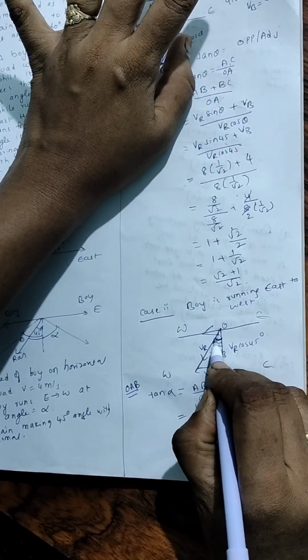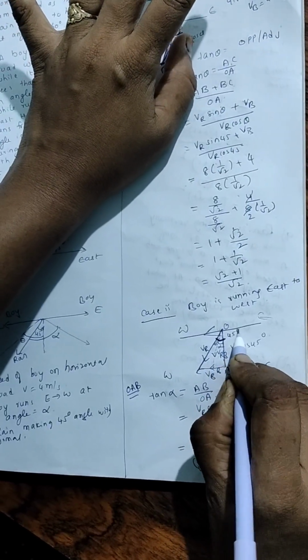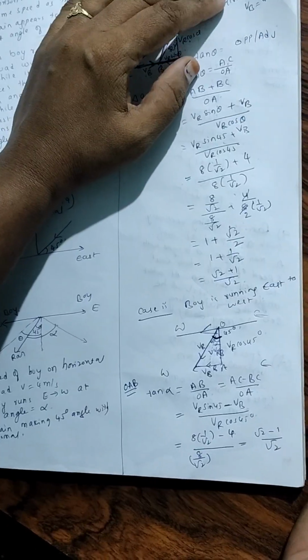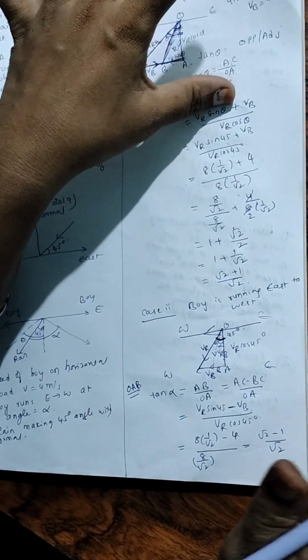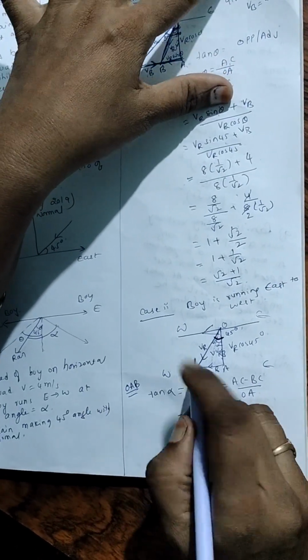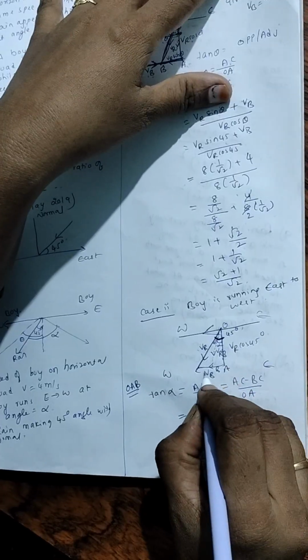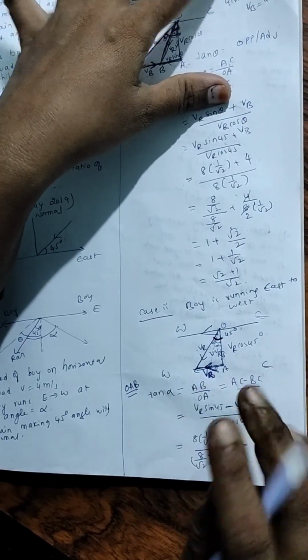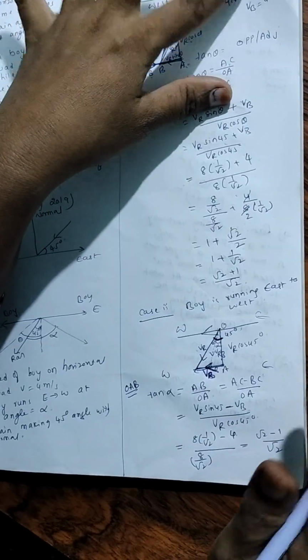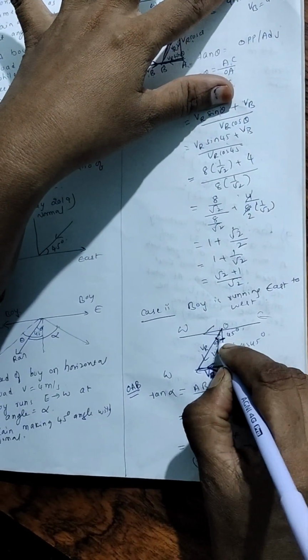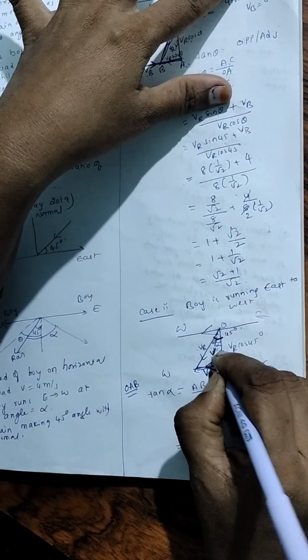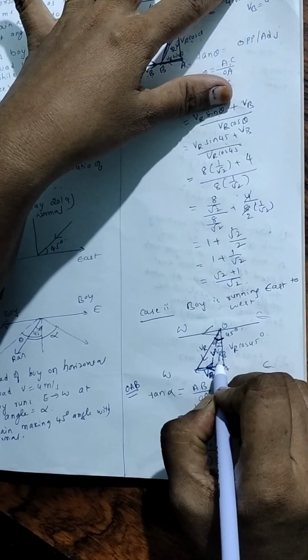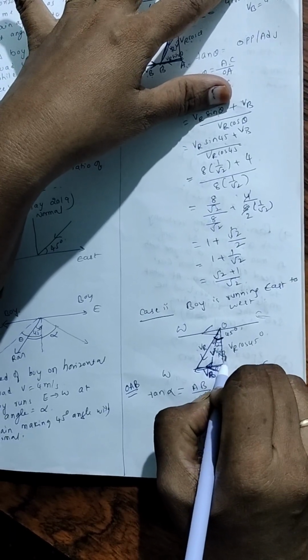As usual, this becomes 45 degrees because in the problem he gave that rain is making an angle 45 degrees with vertical, right? V rain. Now this is V boy. East to west he is moving. V boy, right? So now the dotted line becomes VRB, the relative velocity of rain with respect to boy.